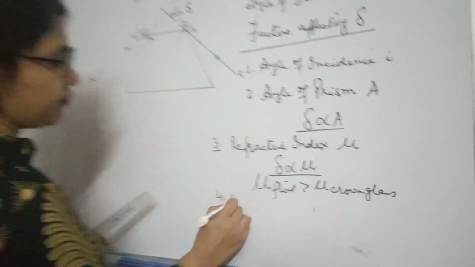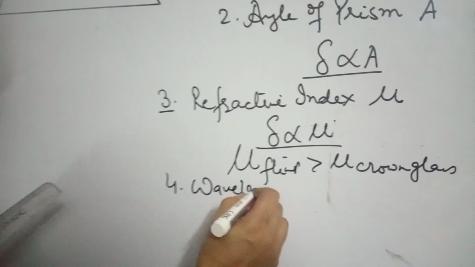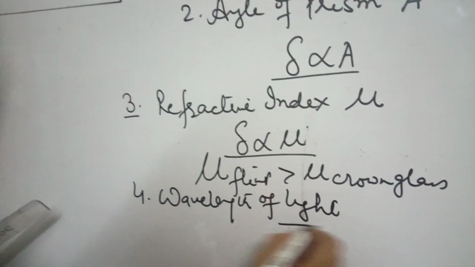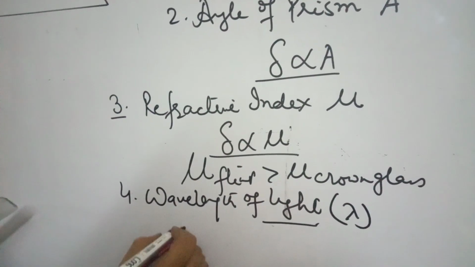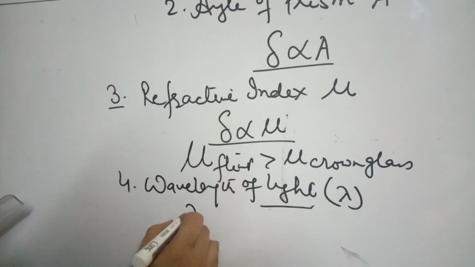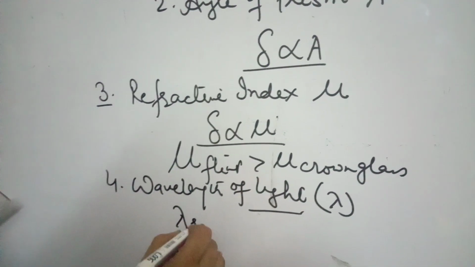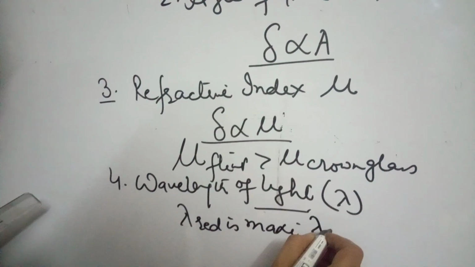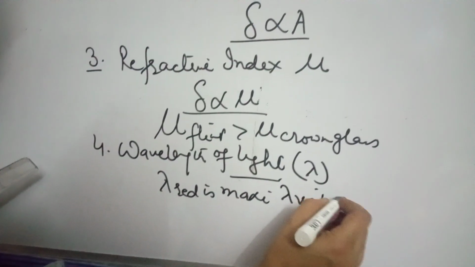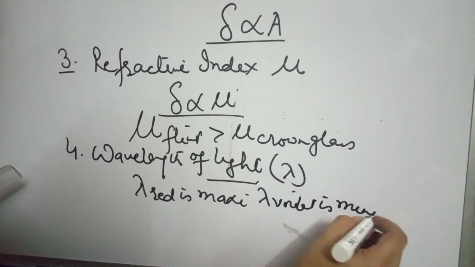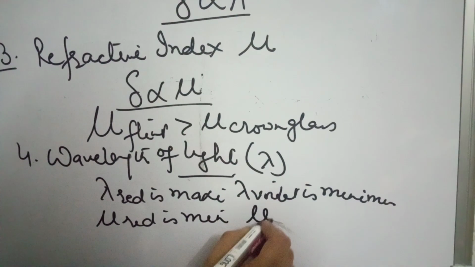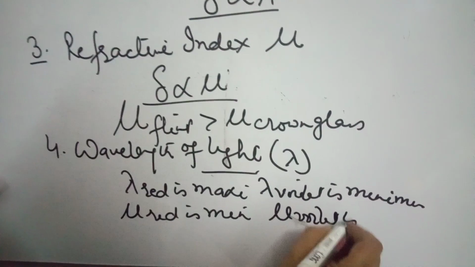Fourth is the wavelength of light, lambda. You know, lambda of red is maximum, whereas lambda of violet is minimum. But the refractive index of red is minimum and the refractive index of violet is maximum.